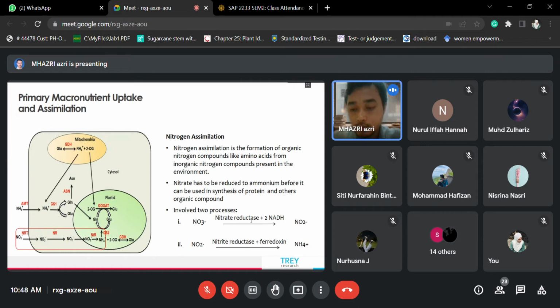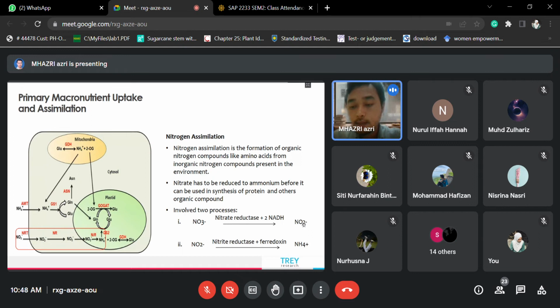root cells. Okay, so the nitrite can dissolve in, we know in plant cells, plant tissues there is water.